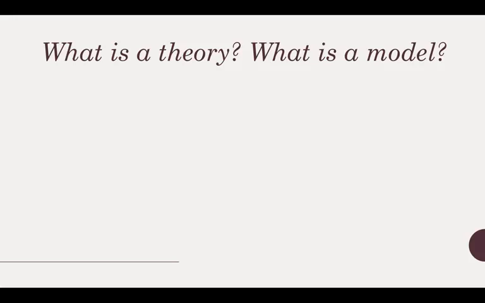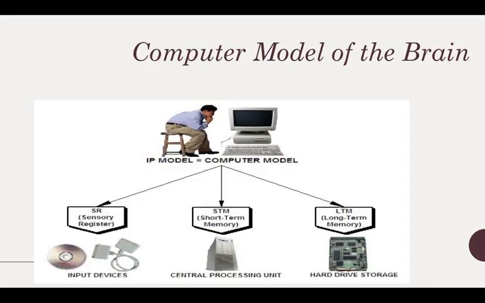What information processing theory does is that it models the processes of how we deal with information. And what that means is that it represents them, right? It's not an exact replica. It represents them in a simplified form so that we can conceptualize it. So with that in mind, understanding that IP theory is an explanation of how learning happens, but it's also a simplified representation of that, let's talk about what IP theory is.